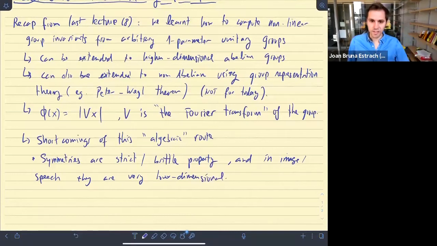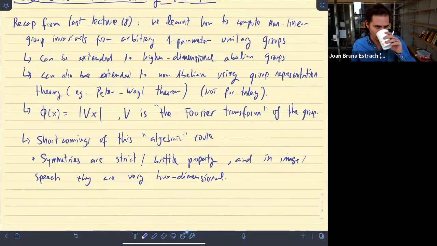If you remember, we said that if we only have a prior that the representation is invariant to a small number of degrees of freedom, how much are we gaining in terms of sample complexity?